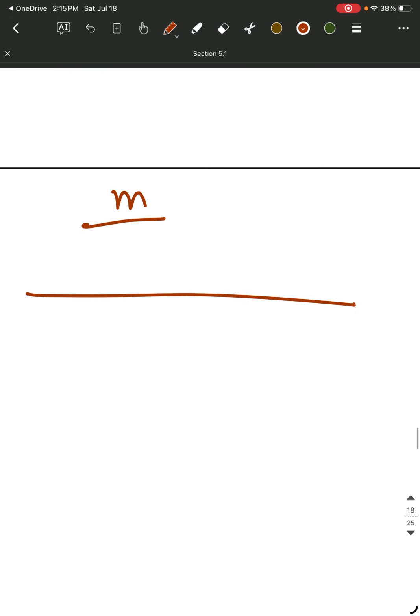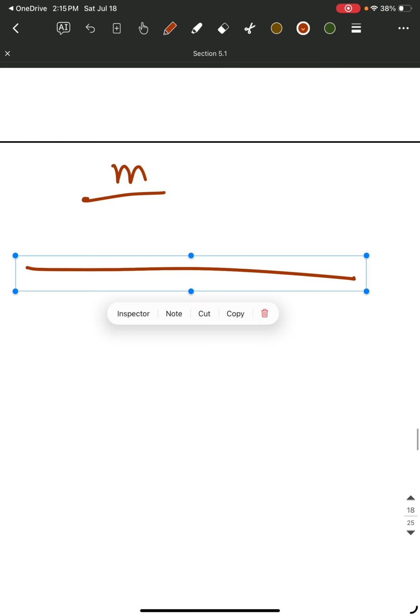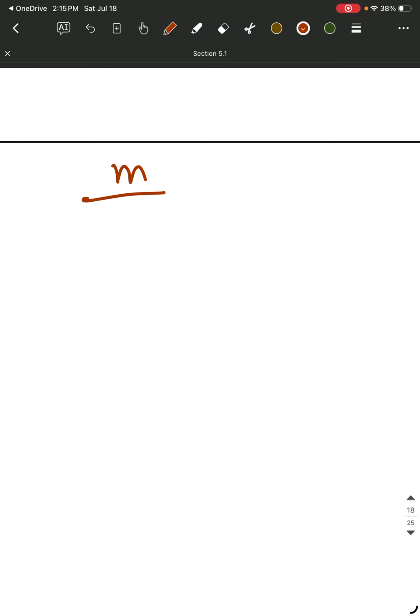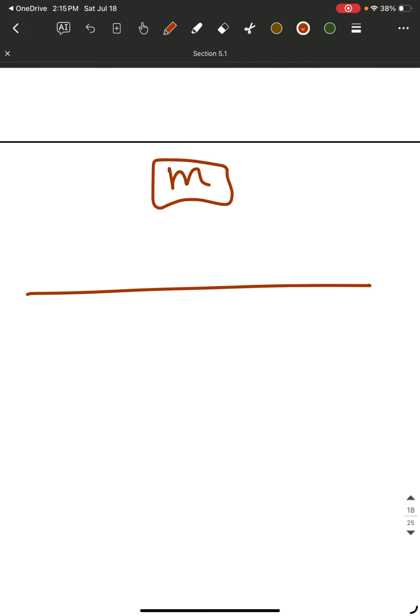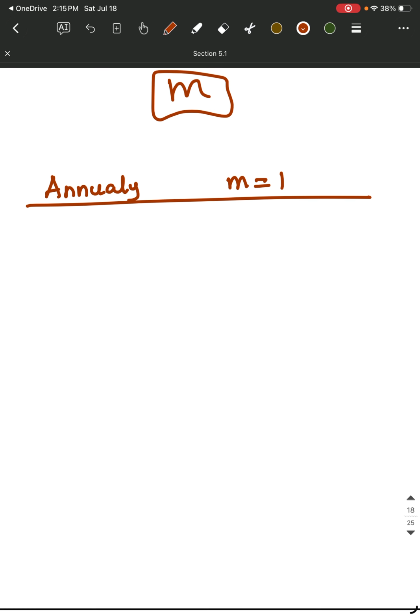If the number of compounding periods is annually, then M equals 1, one time per year.